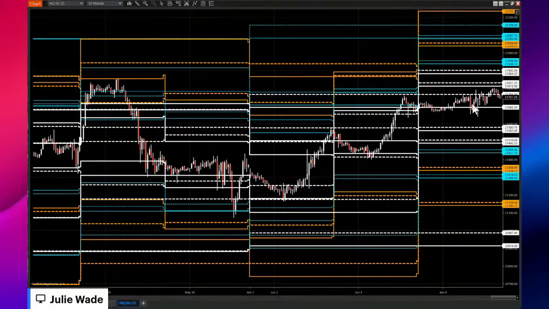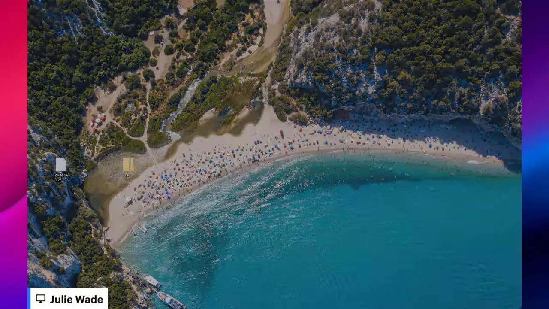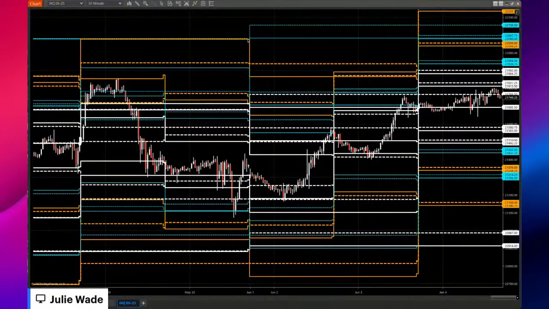And then you can also go back and compare the NQ to the ES. You can compare the YM to the ES. So let me show you what I'm talking about.